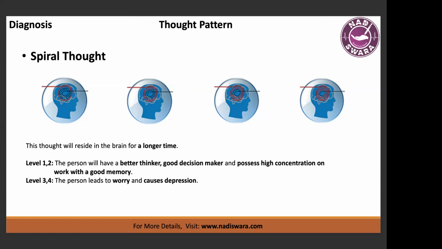That is more important. So Nadeeswara gives some highlight on the thought patterns. If the thought patterns are within a limit, you can guide them. If there is any imbalance, you can treat them.